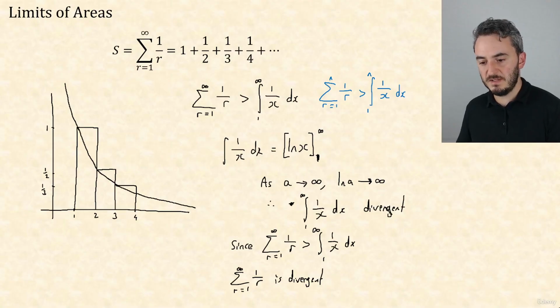And so what we can really say is that this is divergent as n tends to infinity, and therefore this is divergent as n tends to infinity. So there's no point thinking about upper or lower bounds here. It is divergent. It's bigger than something which is diverging to infinity.